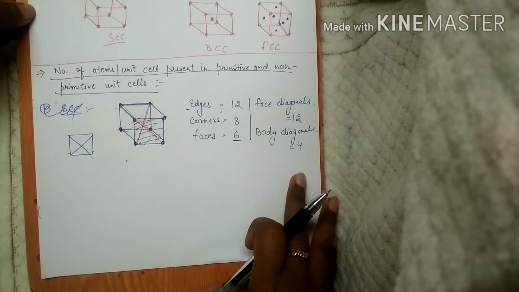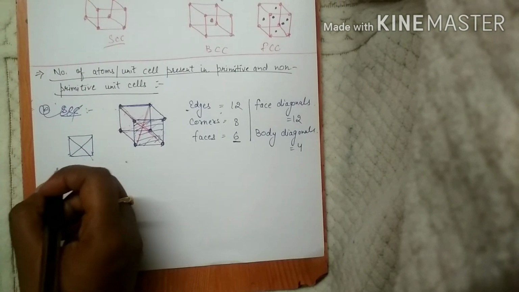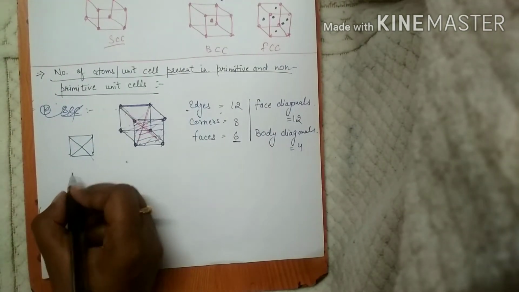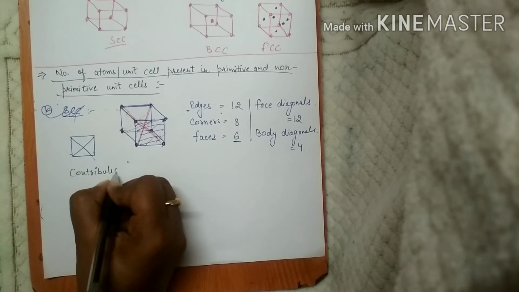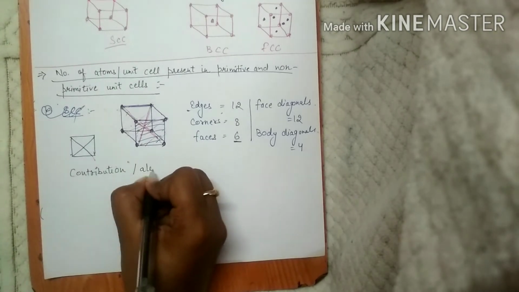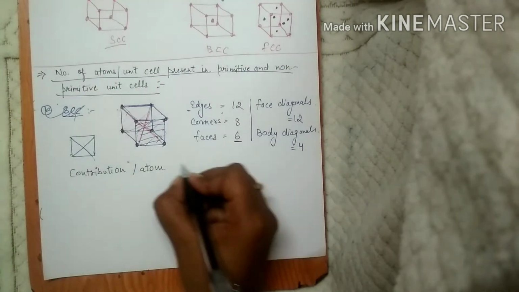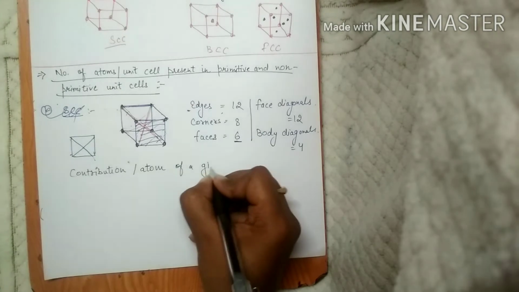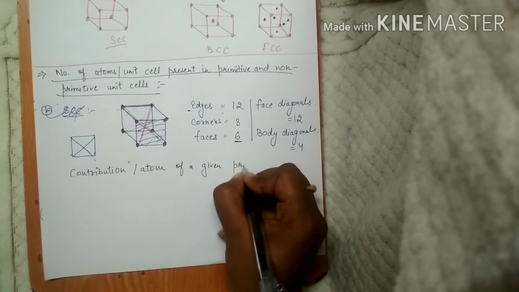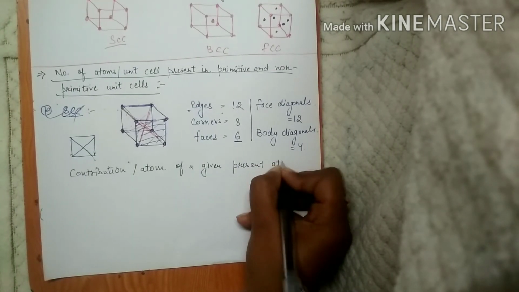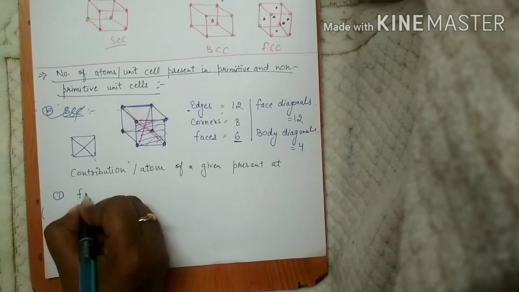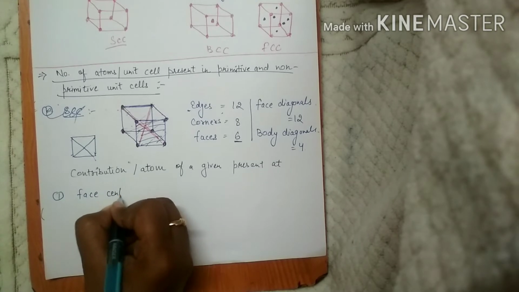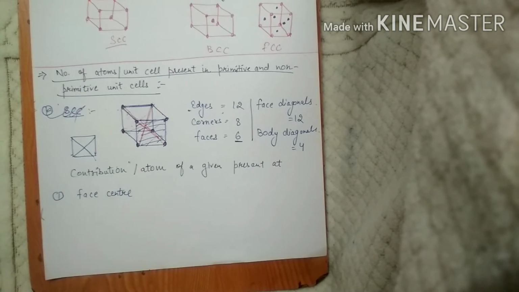Now I want to discuss a little bit about the contribution per atom of a given atom present at each of these sites. First, if an atom is present at the face center, how much is it going to contribute to the unit cell?